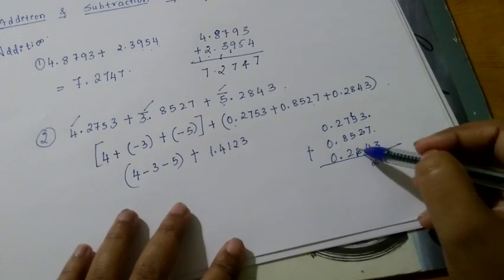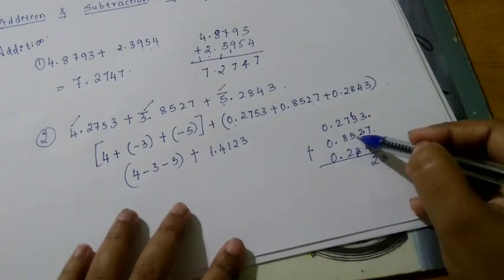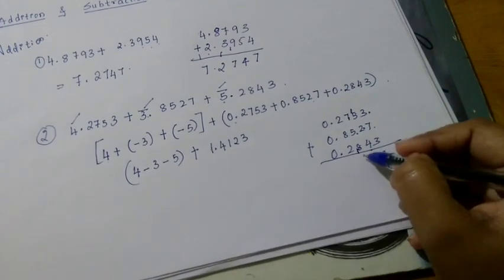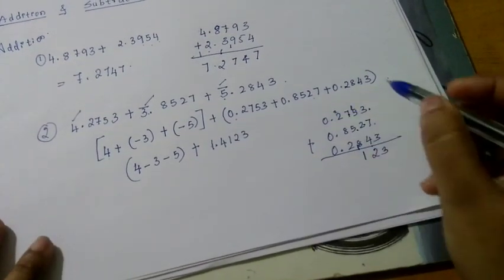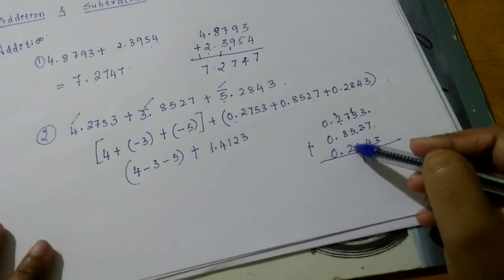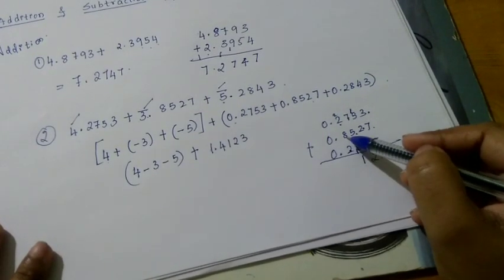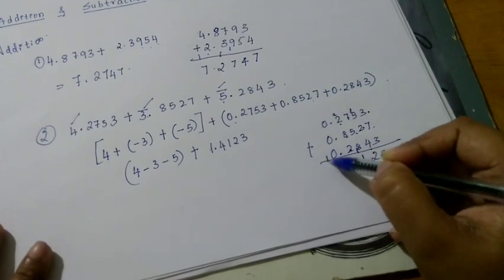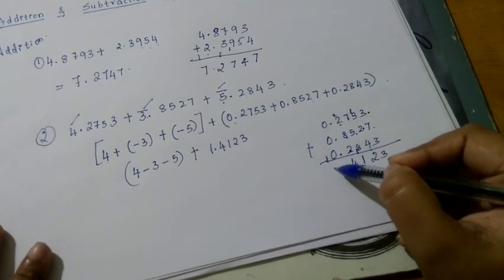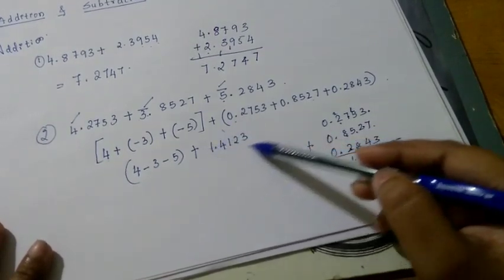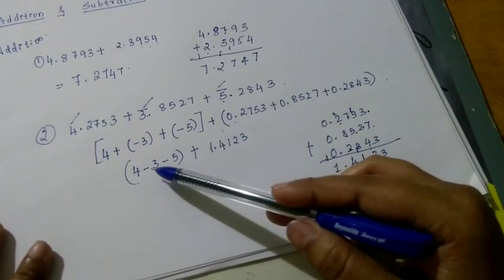Next 8, 8 plus 1 is 9, 9 plus 5 is 14, 14 plus 7 is equal to 21. 2, 2 plus 2 is 4, 4 plus 2 is 6, 6 plus 8 is 14. So 0 plus 0 plus 0 plus 1 will be equal to 1. So 1.4123, this value.